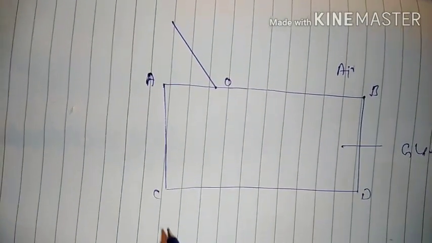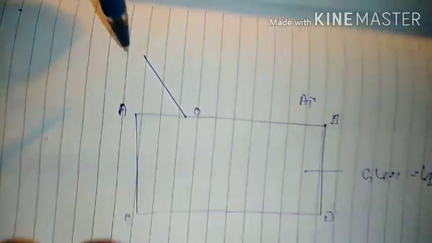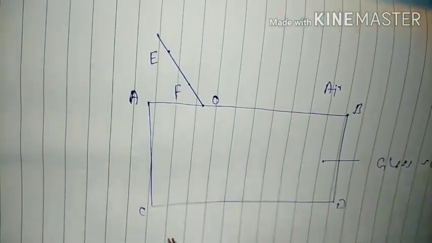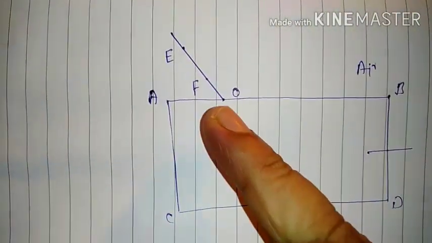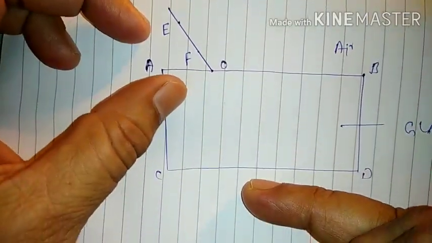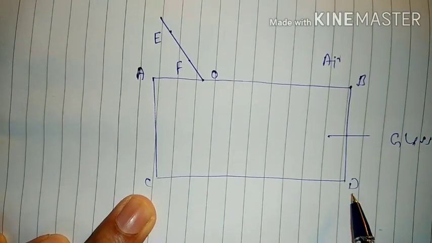What is the practical really? Now on this line, we install two paper pins. Suppose one pin is installed here and another pin is here. We install two pins, suppose at points E and F. Now, we have to install two more pins with the help of the images of these two through surface CD.